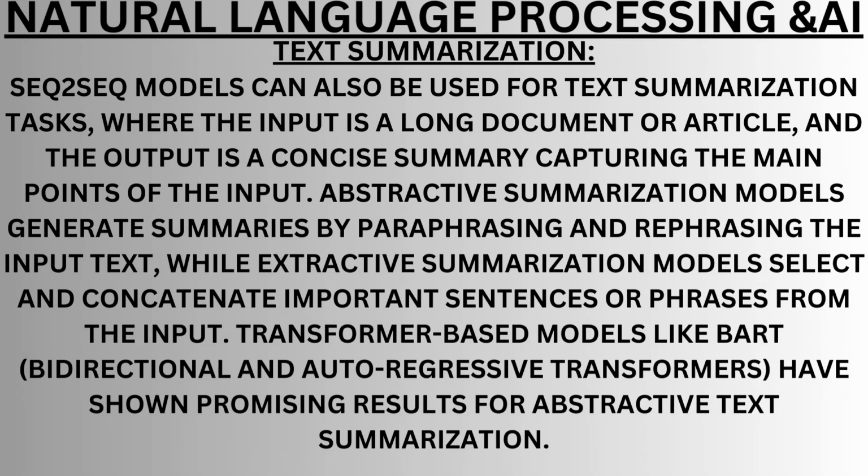Abstractive summarization models summarize by paraphrasing and rephrasing the input text, while extractive summarization models select and concatenate important sentences or phrases from the input. Transformer-based models like BART, bidirectional and auto-regressive transformers, have shown promising results for abstractive text summarization.